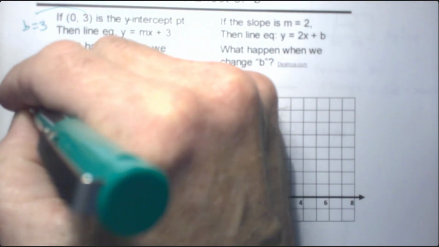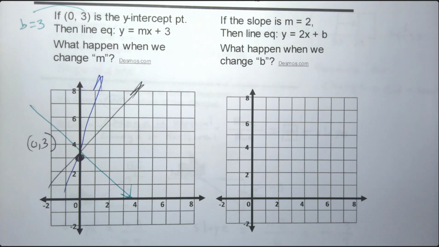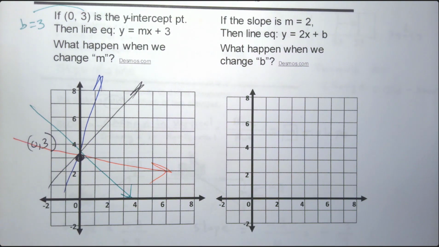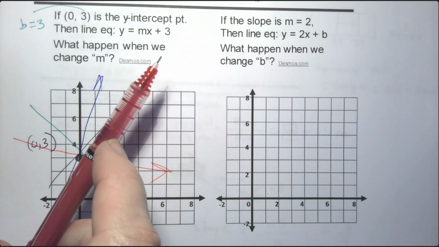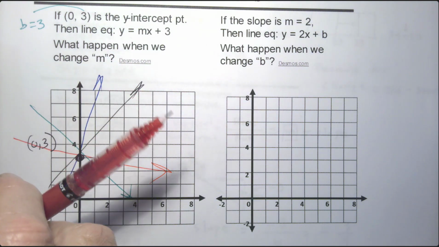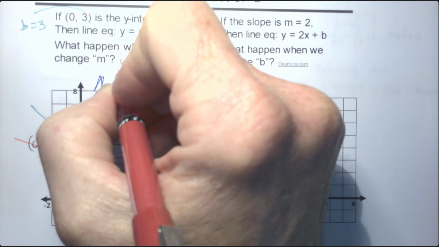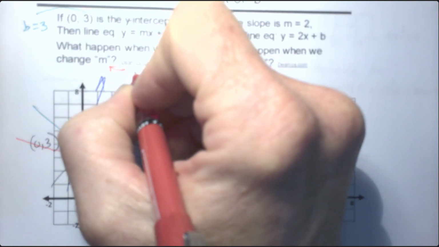Sometimes it will slant down. Sometimes it will slant down a little bit. But when we change m, the effect of m is it turns the line so the line has a different slope. That's the effect of m. So we might just say here, m changes slope.